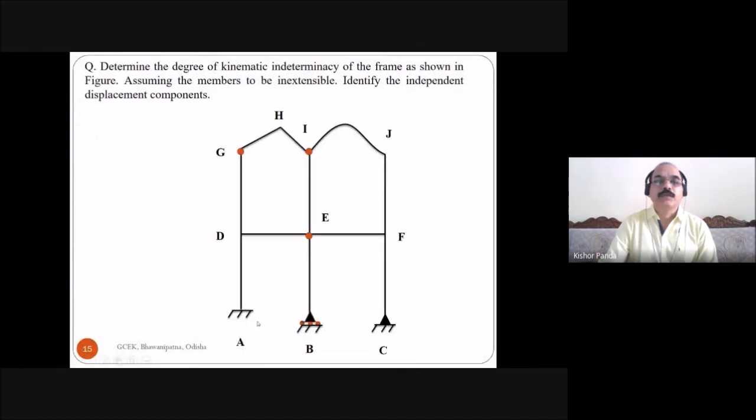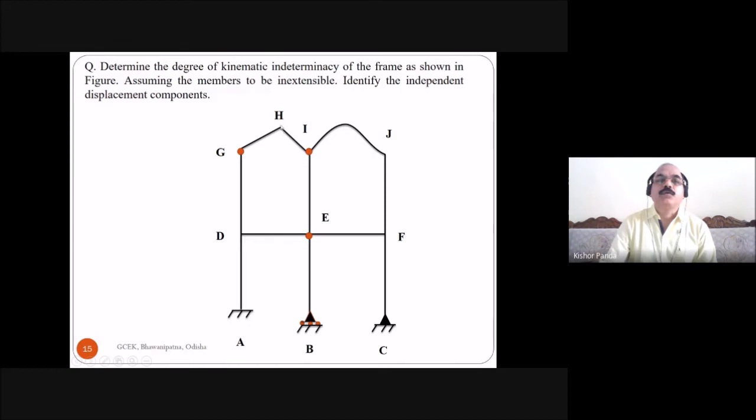Because here you see this is fixed, there is no displacement here. This is a roller support, so there is a rotational and horizontal displacement, but no vertical displacement. And here a hinge support means there is no vertical and no horizontal displacement, only rotational displacement. And here there is rotational displacement.